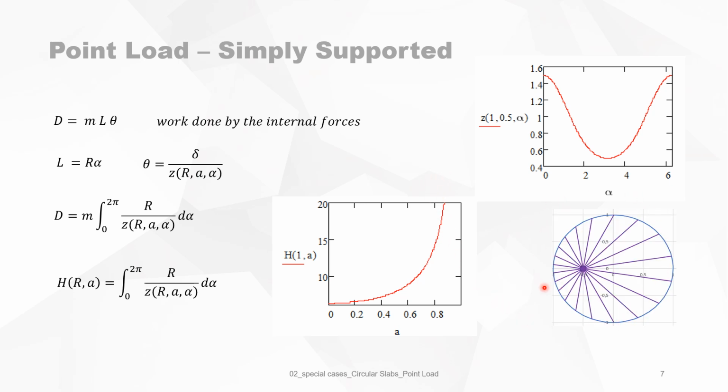And to give you a visual impression, this is the position of the point load. These are the yield lines. And you see now, for this function, this is a drawing made for a equal to 0.5, so it's half the radius.